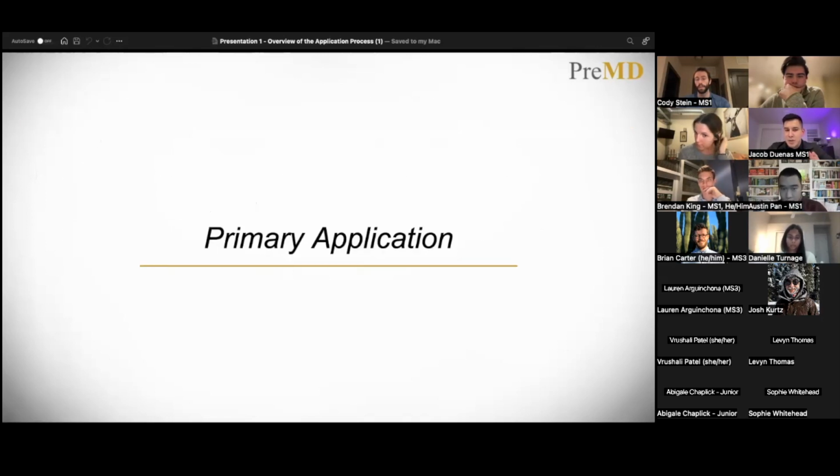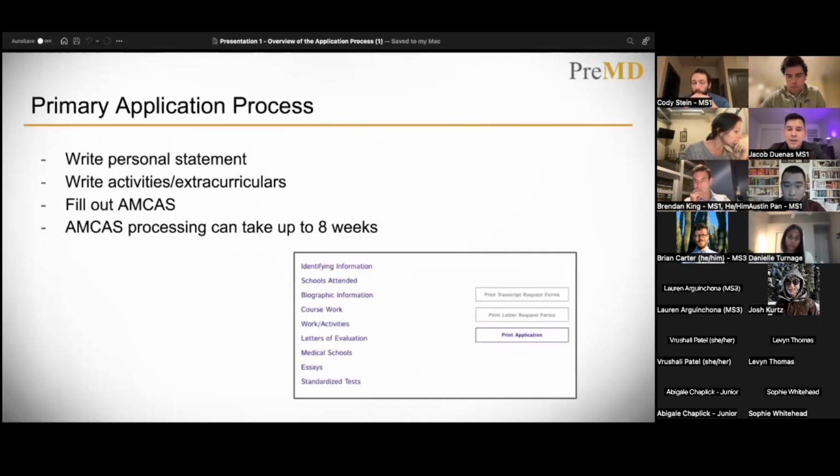At this point, we are going to go into the primary application portion. So this is kind of like you did all the groundwork and the pre-application work, and this is during the actual application, when it opens. And something that I think is very helpful is being very proactive with all of the different components of the application.